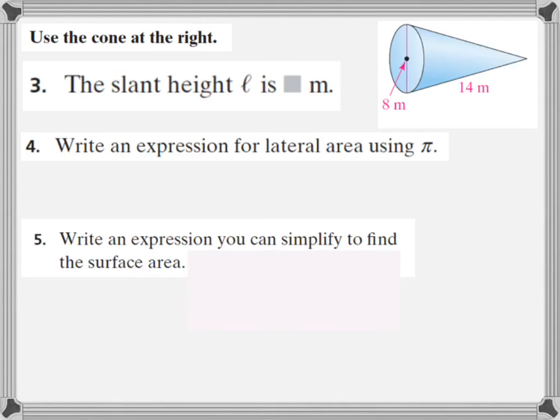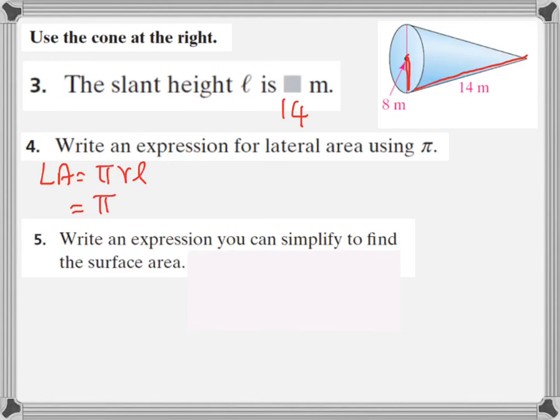Use the cone at the right. The slant height L is how many meters? This is the slant height. So it is 14 meters. Write an expression for lateral area using pi. What is the formula to find the lateral area of a cone? It is pi r L. And how much is the radius of the cone? 4.